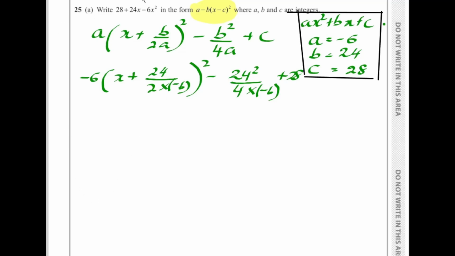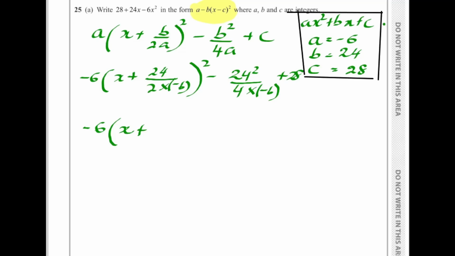Afterwards, let's simplify this a bit. When simplifying, minus 6 is written as it is. Don't try to multiply it again. Minus 6 x plus. You can use the calculator to simplify this, or you can do it manually.